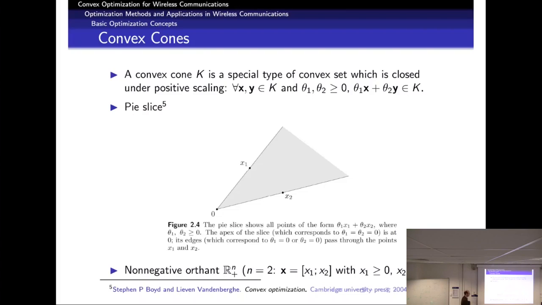So this is the two-dimensional case, and you can define this in the n-dimensional case. Again, this is a convex cone, because you take any two points here, you take a scaled version of those two points by theta 1, theta 2, and any line segment between those two will still be in that cone.